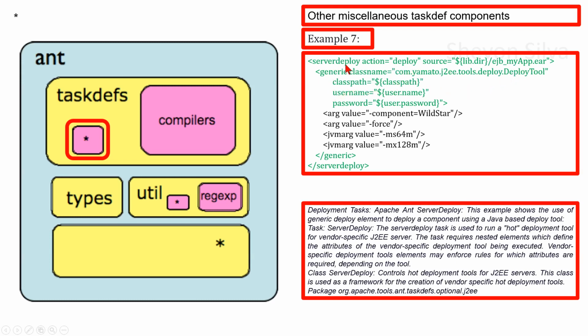The task server deploy. The server deploy task is used to run a hot deployment tool for vendor specific J2EE server.